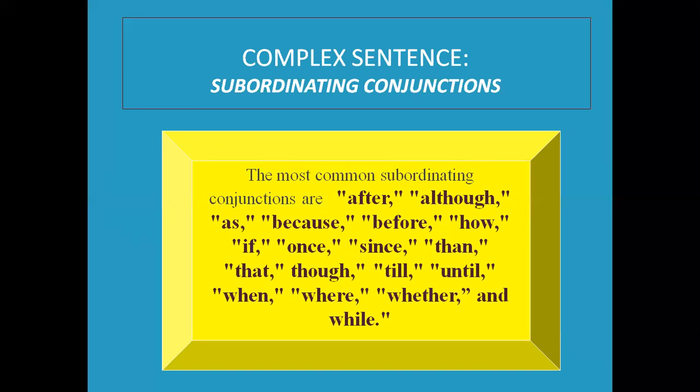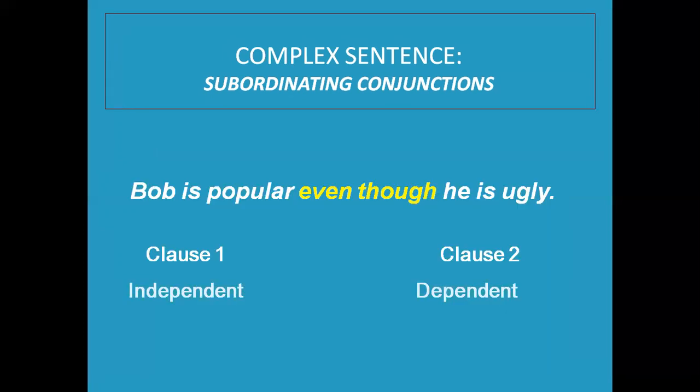The most common subordinating conjunctions are after, also, as, because, before, how, if, once, since, then, that, so, till, until, when, where, whether, and while. And you can also write other examples. Well, as I mentioned, Bob is popular, independent clause.